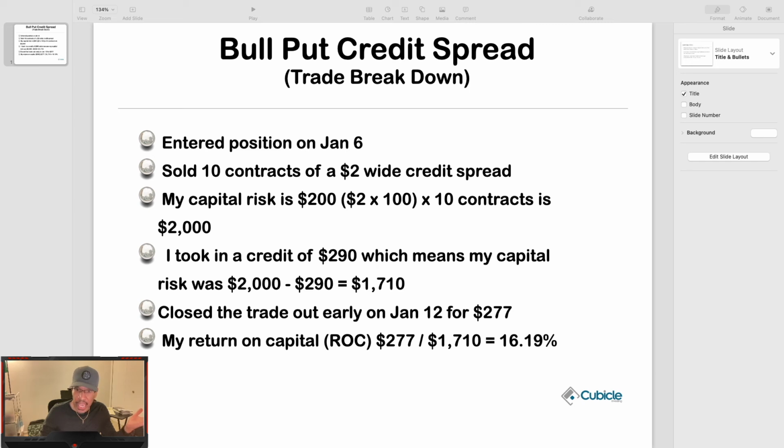If we annualize that, there are 52 weeks in a year, so 16 times 52 gives you 832. Essentially, looking at this trade from an annualized perspective, this is an 832% return.